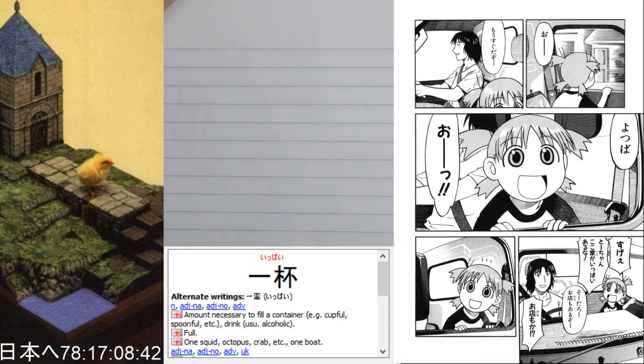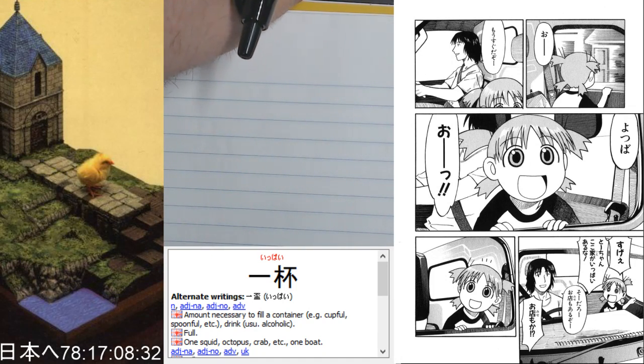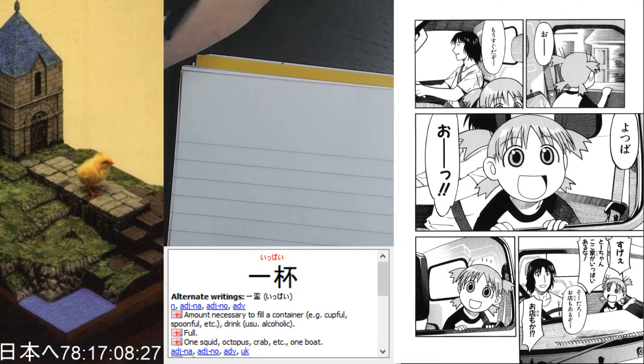What's aruna? Aru is the existence verb. Aru and iru are both existence verbs.